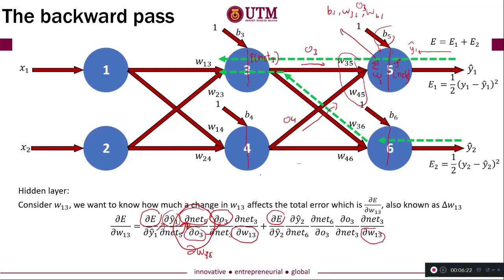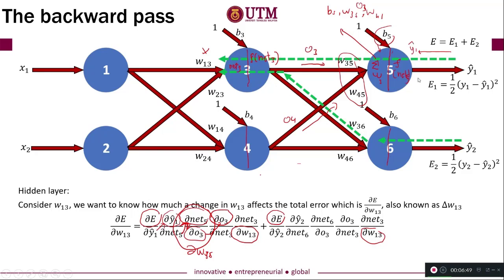So you derive del O3 over del net 3, and then del net 3 over del W13, and you can close the chain rule there. That's how you can extend it.